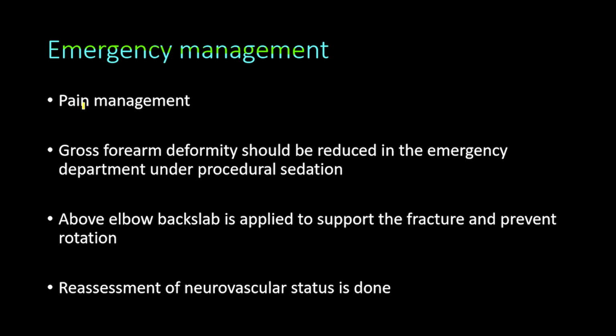So the emergency management includes pain control, and also in the emergency department, the gross forearm deformity should be reduced under procedural sedation, and an above-elbow back slab is applied to support the fracture and prevent rotation until definitive treatment is done.